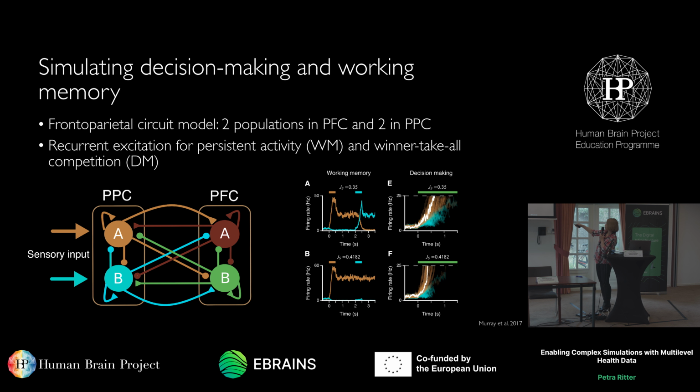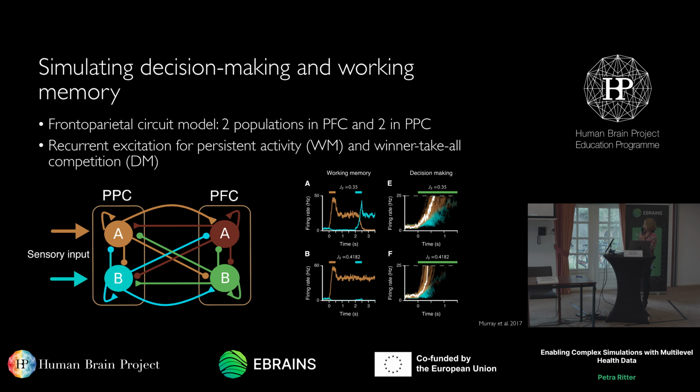In this scenario, where the model has a certain weight in the recurrent excitation, you see that the distractor stimulus can actually end the high attractor state of population A and establish its own high attractor state, and then the working memory trace has been overwritten by the second distracting stimulus. In this case here, where we have another weight in the self-excitation, we see that the distracting stimulus is not sufficient to delete the initial working memory trace.